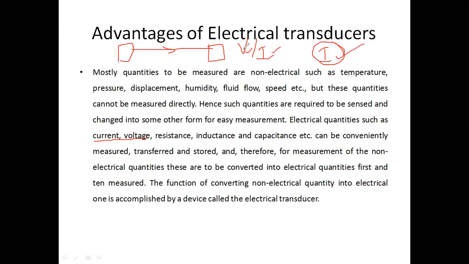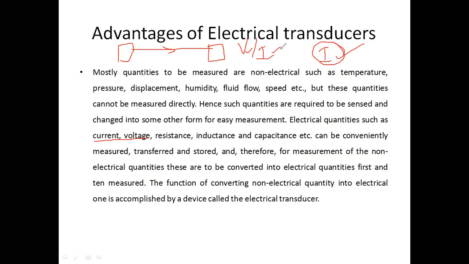So I will convert every parameter into current or voltage. If there is no possibility for me to convert it into current, then I will convert it into voltage, and then I will convert voltage into current again, with some proportionality constant.